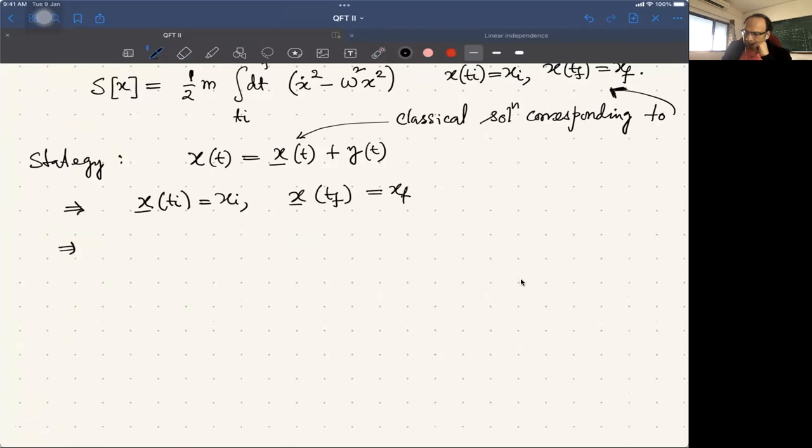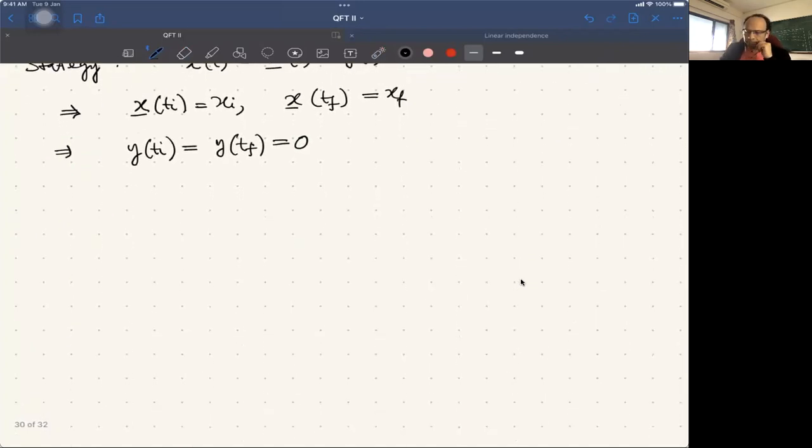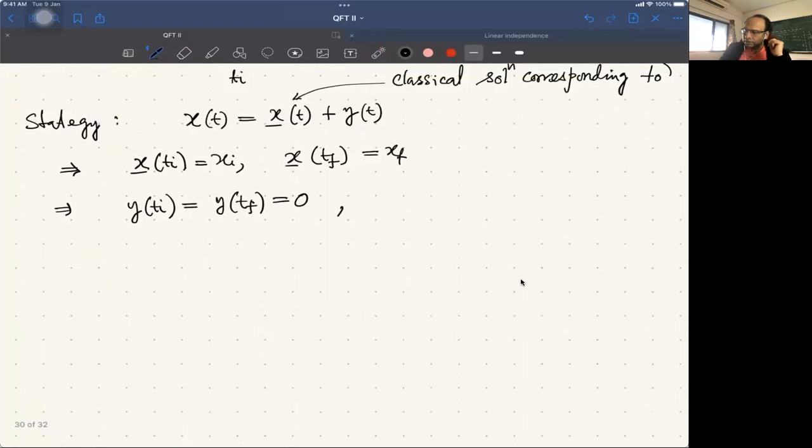And that in turn means y ti is equal to y tf is equal to 0, as I have mentioned earlier. Also, this is a fixed path. Therefore, d of x is the same as d of y.